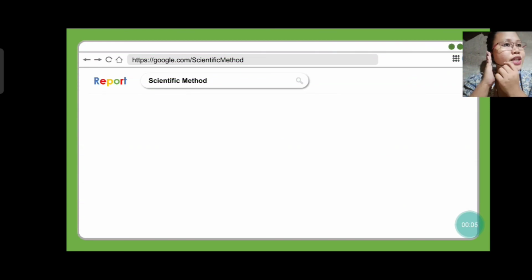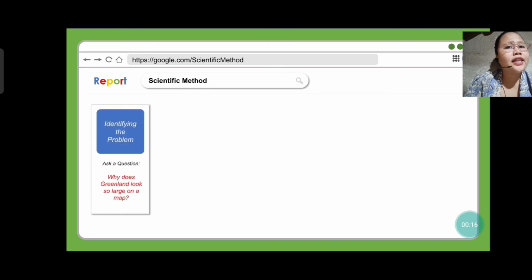So we'll now proceed to the scientific method. We have 6 processes of the scientific method that are discussed here. First is identifying the problem. So we identify the problem, so we ask a question. For example, why does Greenland look so large on the map?